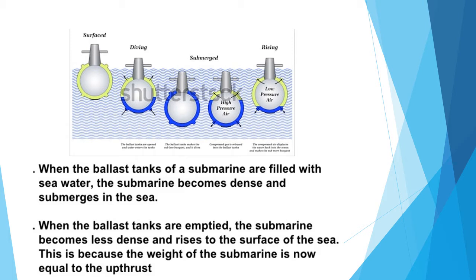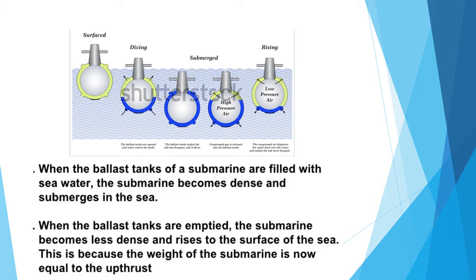So when the submarine wants to dive, right? You can see the ballast tank is filling with the water. Okay, so it's diving. So in the third diagram, the whole ballast tank is filled with the water, meaning the submarine is sunk or submerged in the sea. So how do they float, right?